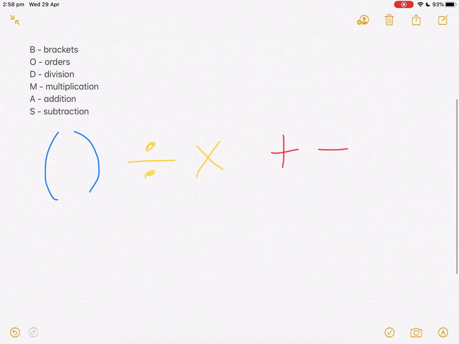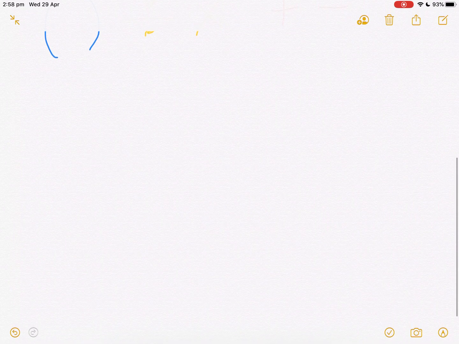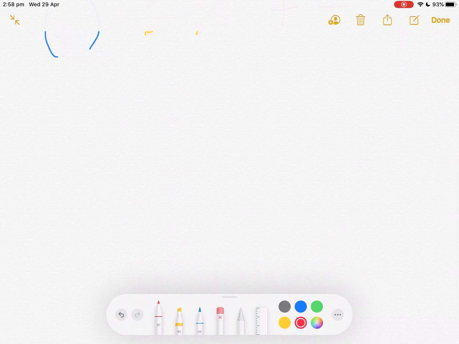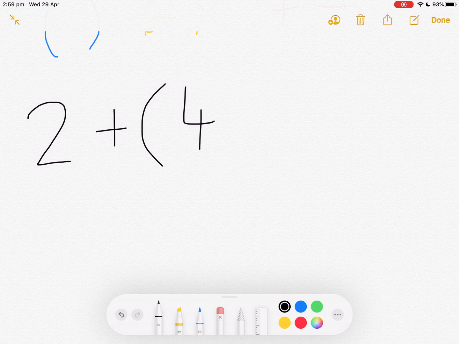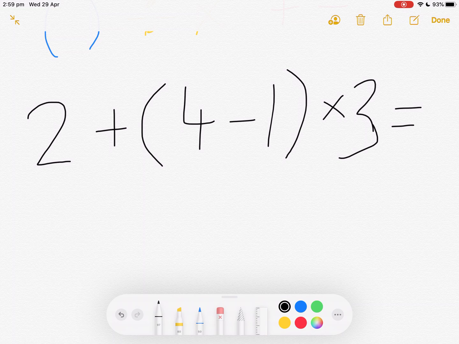Right, I'm going to give an example question now. So for example, if I had a question that said, say, 2 plus (4 minus 1) times 3. I need to have a look at my BODMAS to see what comes first. So brackets come first.